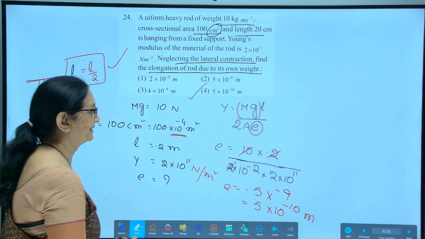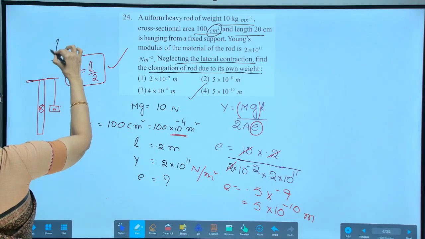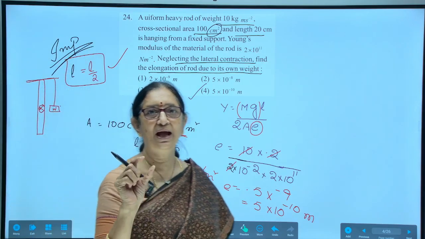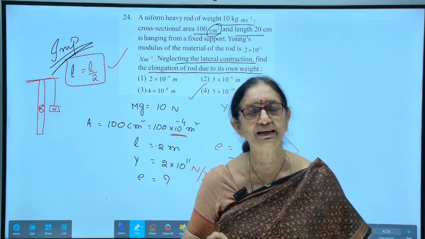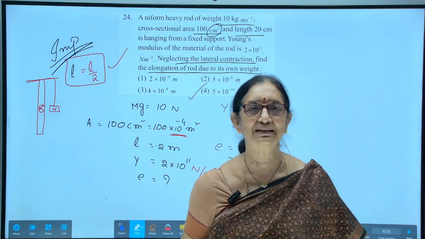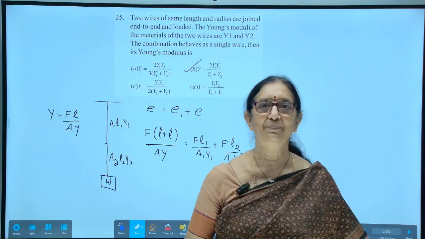So that is the correct option for that. Here the most important thing you must observe is you have to take length as L by 2, because when a rod is hanging under its own weight, as its weight is concentrated at the center, the effective length we consider it as L by 2.